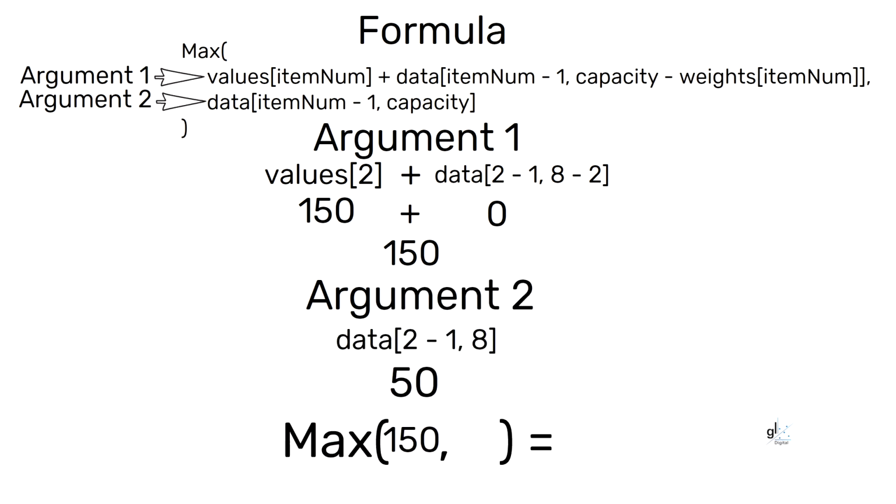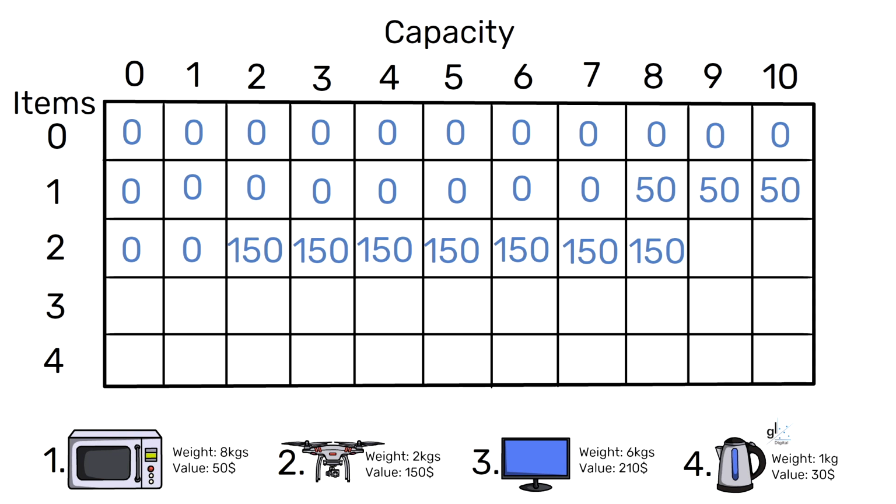So obviously 150 is greater than 50. So here we record the value of the drone, 150. When we consider the scenario presented to us with the next iteration of the inner loop, i.e. when the capacity is 9, we need to record 150 once again. This is the value returned from our formula implemented in the else if block.